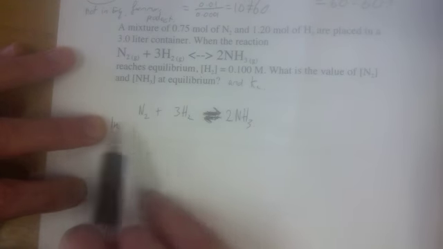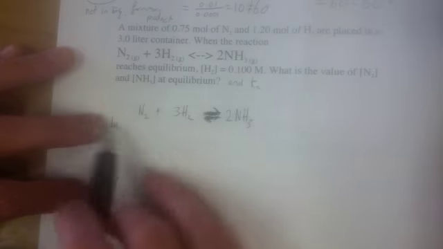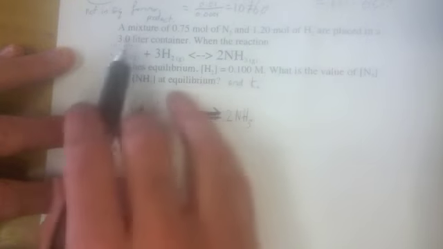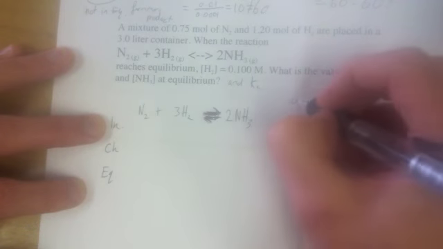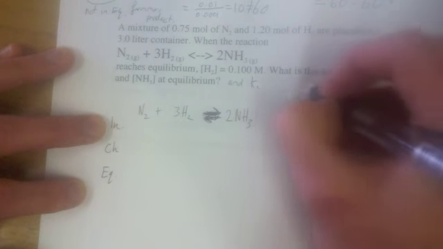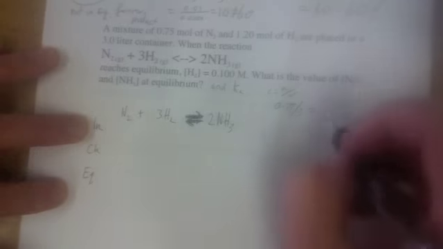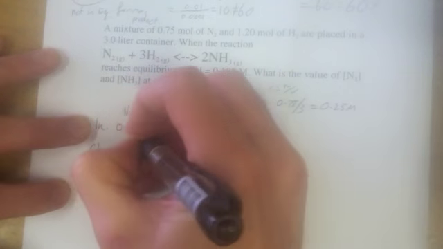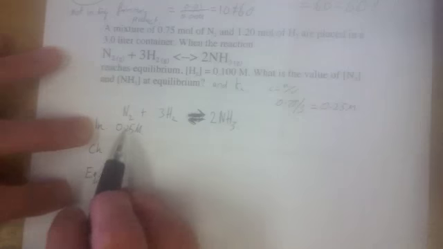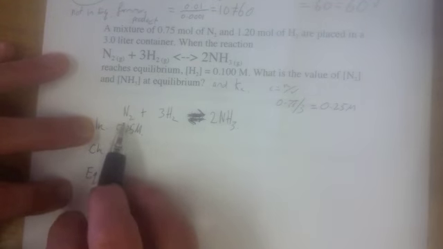We look at how much we start off with. And this is all in concentration, so we need to convert these into concentration. So the concentration of nitrogen is 0.75 over 3, because C equals n over V, and that equals 0.25 molar. So 0.25 molar is our concentration at the start for nitrogen.